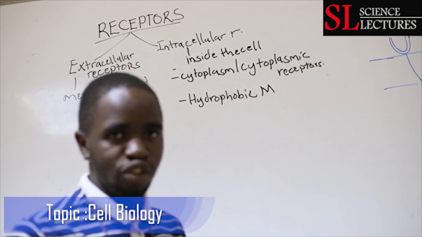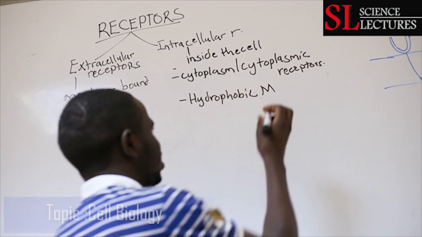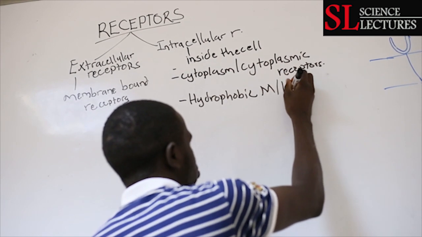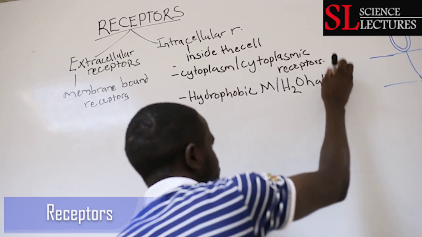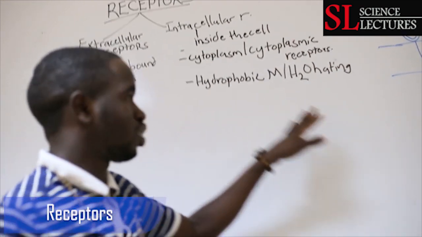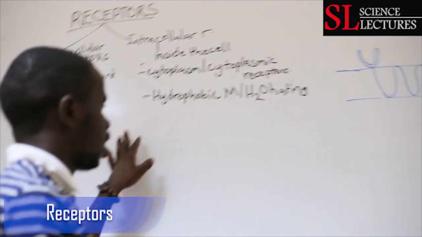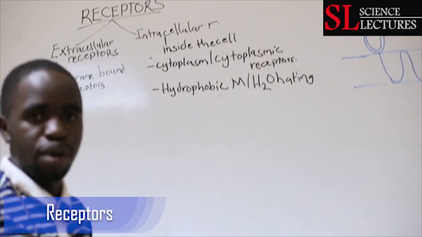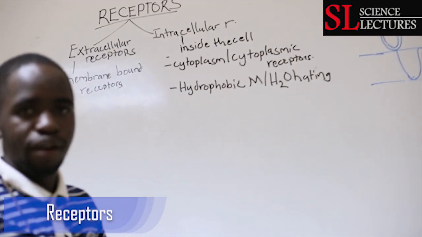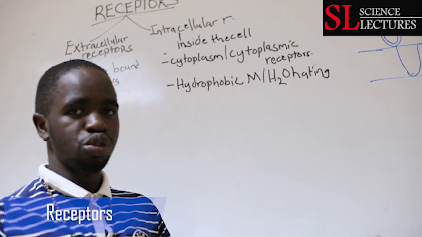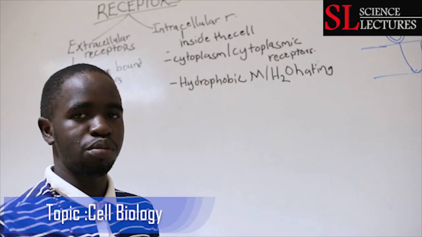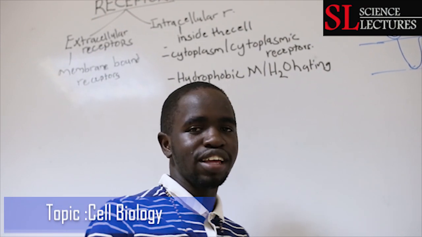So what does being hydrophobic mean? Water hating. So they bind water hating molecules. That means these water hating molecules can easily pass through the cell membrane. From our first videos about the ultrastructure of the cell, we saw the cell membrane, and we say the cell membrane is made up of a phospholipid bilayer.